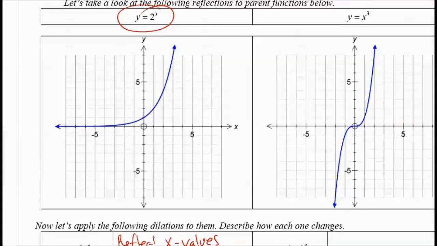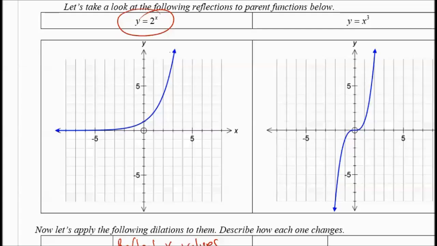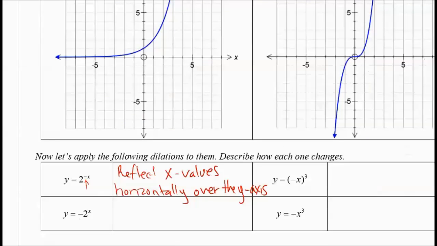Remember we said start with a few key points that you know that you can easily find. So in this case, let's start out with the point 0, 1, and then for this point we have negative 1, 1/2, and for this point we have negative 2, 1/4.